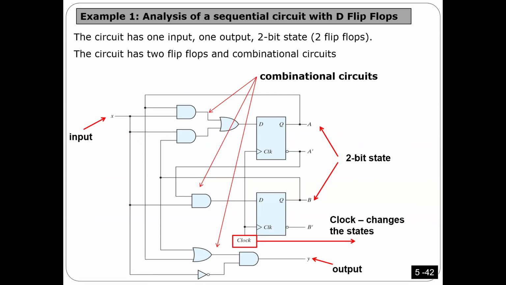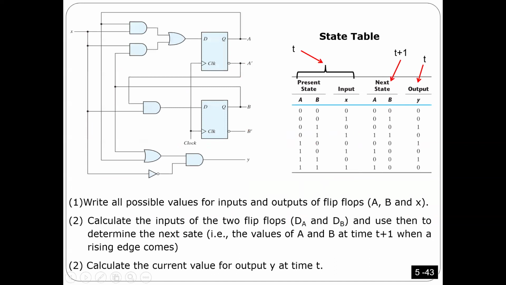I will give you a sequential circuit, and then you need to create a table, but this time I'm going to call it a state table, and it has a slightly different format from the truth table. I will give you more details, but I just want you to understand that the state table is similar to the truth table, but a little bit different.